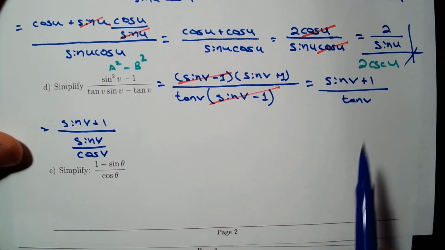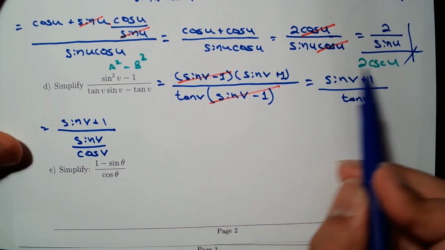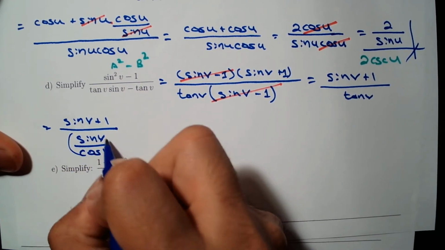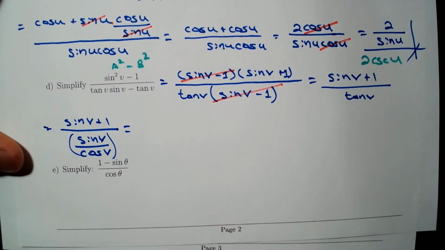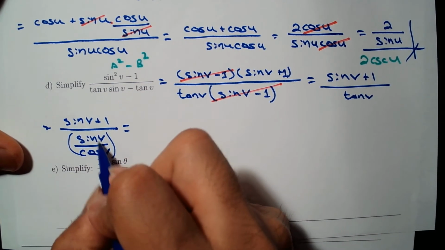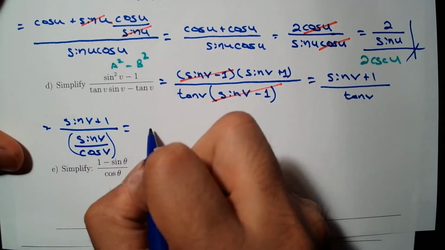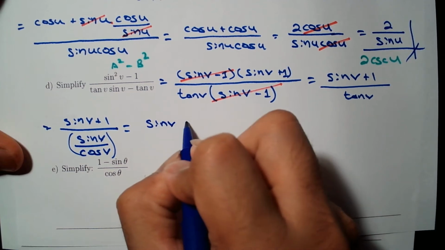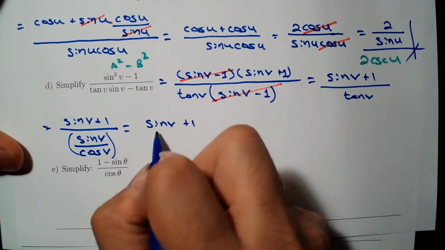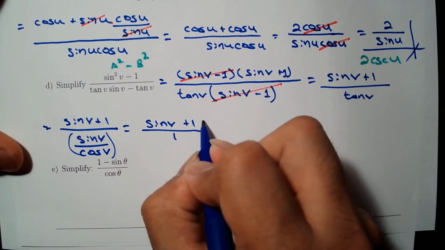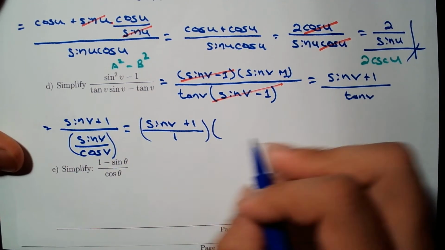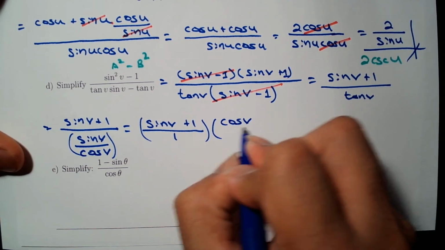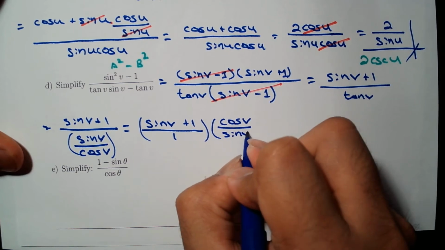Actually, I got this example from the textbook, and that's what they do. They stop here. Of course, we can still go a little bit further. Dividing by a fraction, multiply by the reciprocal: sine v plus 1 over 1, multiplied by the reciprocal, cosine v over sine v.